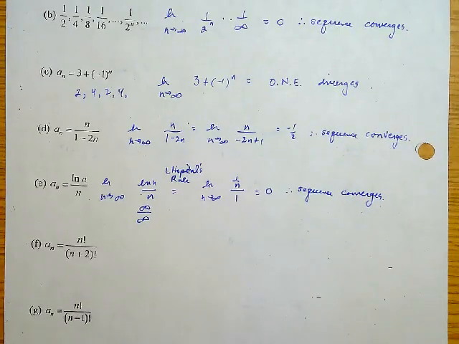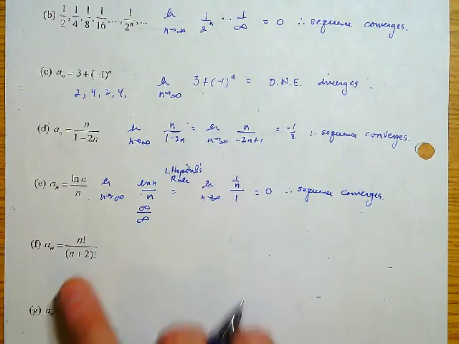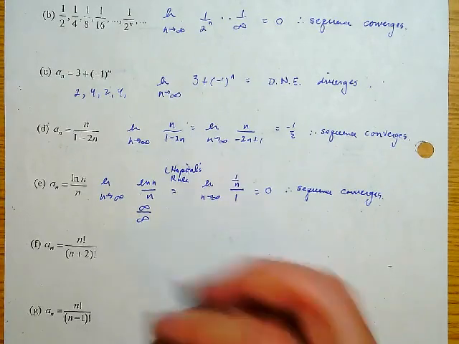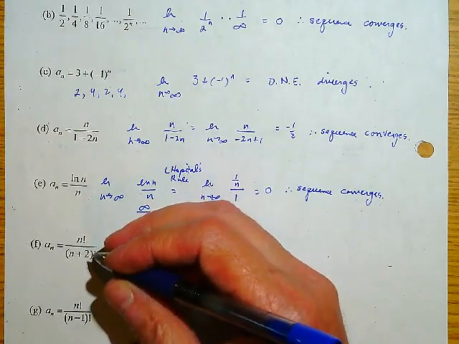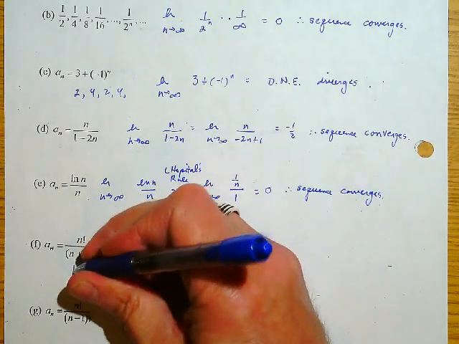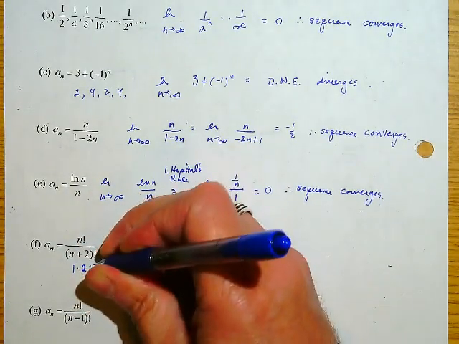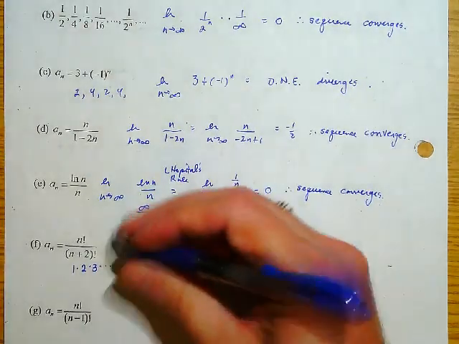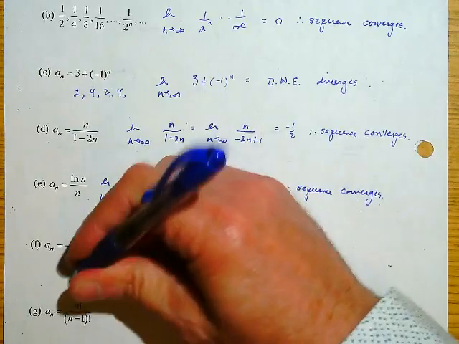Next one, n factorial. Okay, oftentimes it helps to write these out. So before I take the limit, I'm going to expand this out. I'll just count it up, right? So our pattern starts with 1 times 2 times 3 times ... times what? Well, I'm stopping at n.